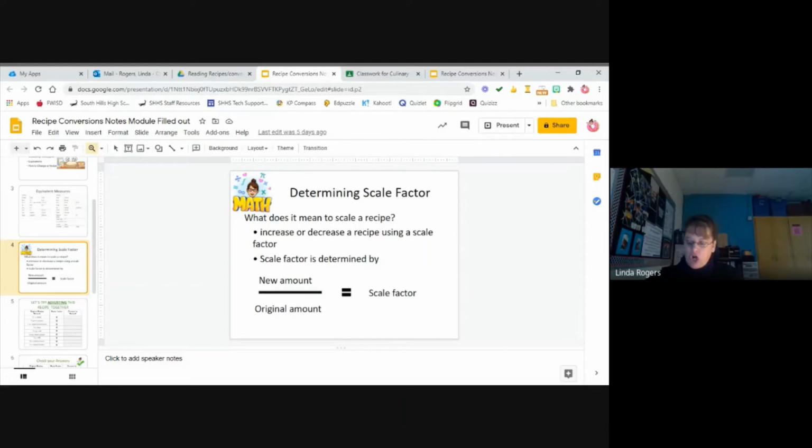Either term is okay, all right? To determine your scale factor, you're going to take your new amount that you want and divide it by the original amount of the recipe. And that's going to give you your scale factor.